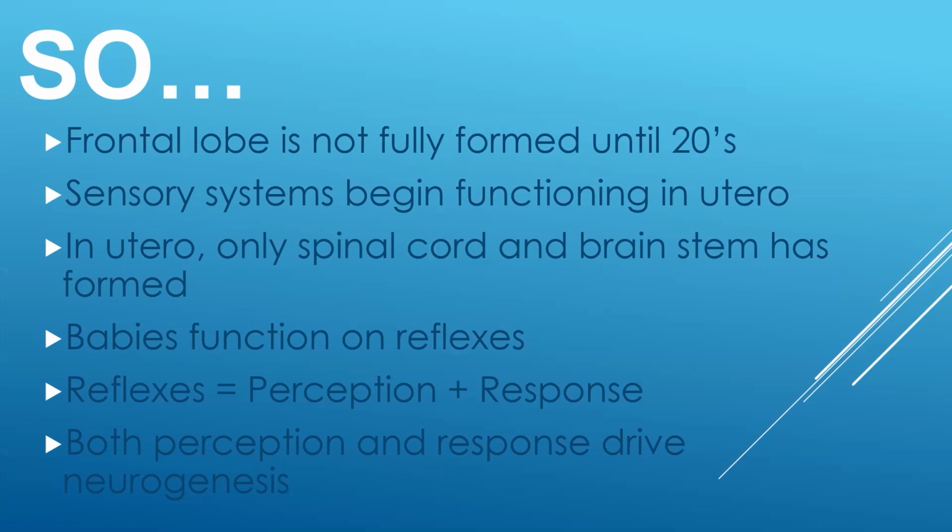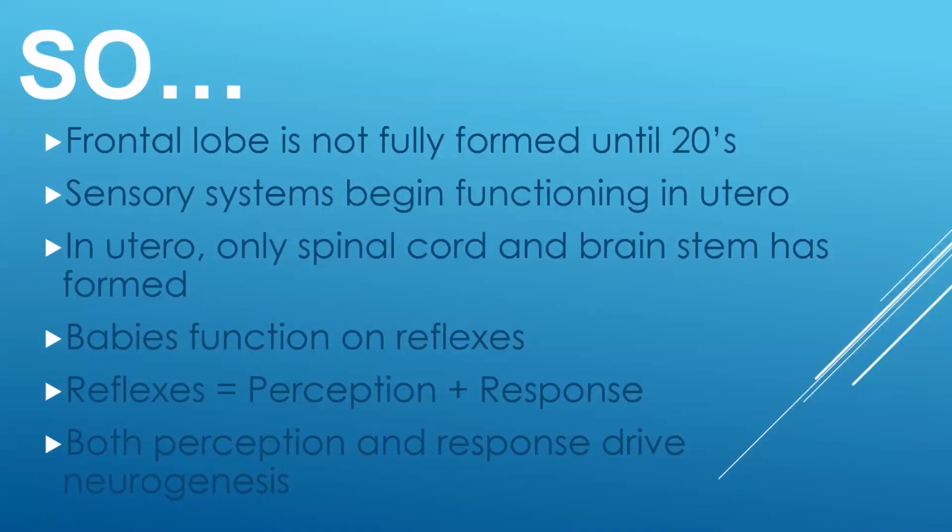The sensory systems start functioning when you're in utero. So when you're in the womb, you can actually start sensing and feeling and different stuff like that. But again, only the spinal cord and the brainstem are formed, so there aren't major functions there. Because there's not really any interpretation going on, they're basically just functioning off of reflexes.